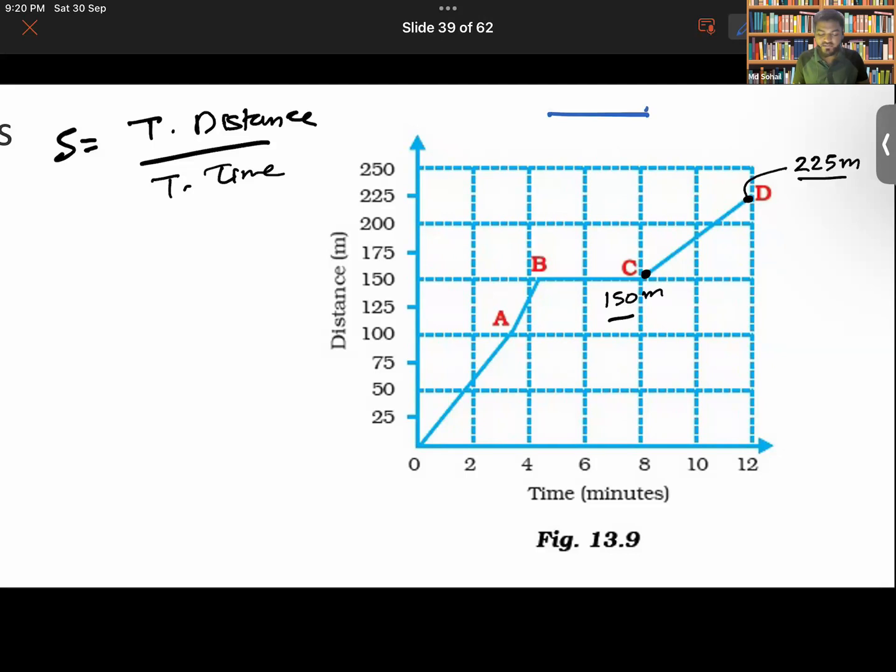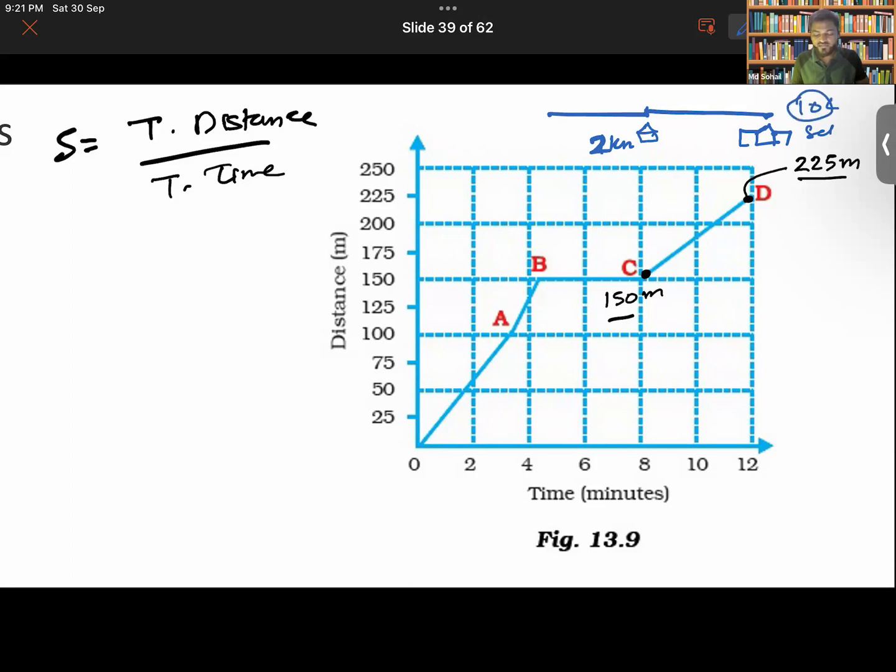Let's say you have traveled to a shop that is 2 kilometer away from your home. Now you are traveling to a school that is, let's say, 8 kilometers away from the shop. That means 10 kilometer.